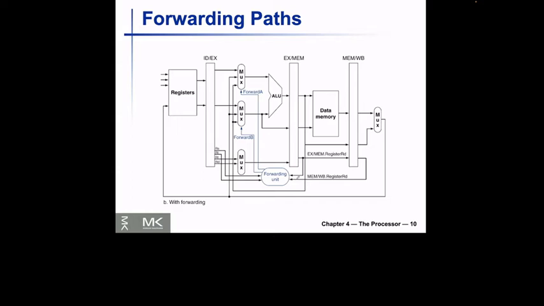For R-type instruction, the write register is always RD. So here we have to check whether the RD field in your previous instruction is the same as the RS or RT in your later instruction.